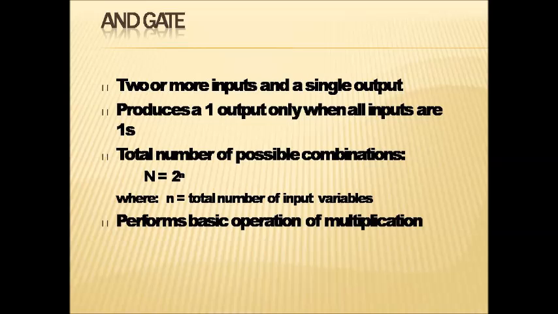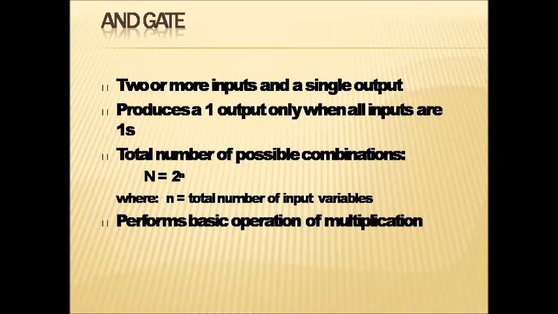And we can find the total number of possible combinations in a truth table as 2 raised to n. How can we calculate? See, the lowercase n stands for the number of input variables. Suppose we have a truth table with 2 inputs, then 2 raised to 2 gives 4 output values in the truth table.